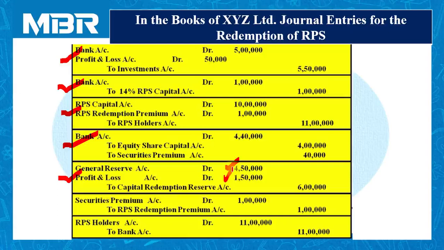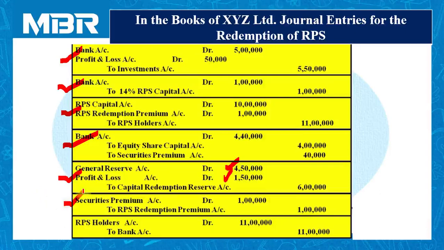So journal entry for this transaction: general reserve account debited rupees 4 lakhs 50,000, profit and loss account debited rupees 1,50,000 to capital redemption reserve, that is CRR account 6 lakhs.